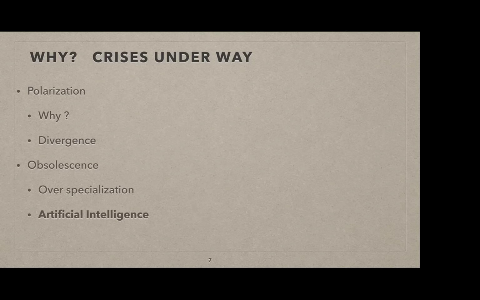Personally, I think the bulk of our problems are really coming more from those things than from artificial intelligence, but artificial intelligence is adding another crisis in its own right. There's a lot of doomsday talk about how they're going to wipe us out and take over. If there's a possibility of that, I see it as at least a decade away, and I'm not going to have to worry about it.